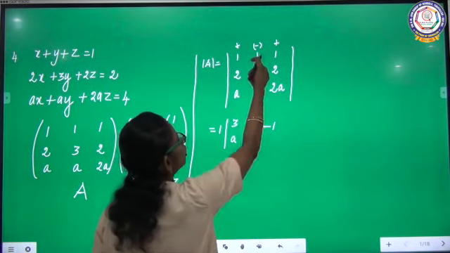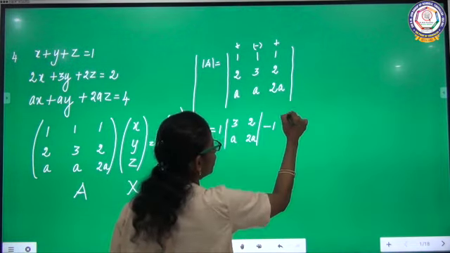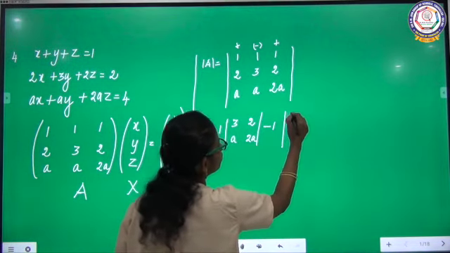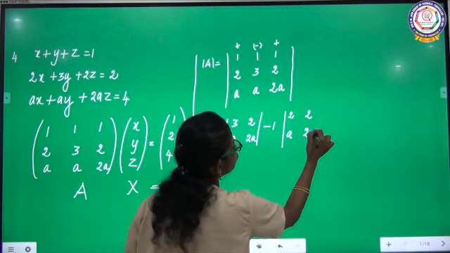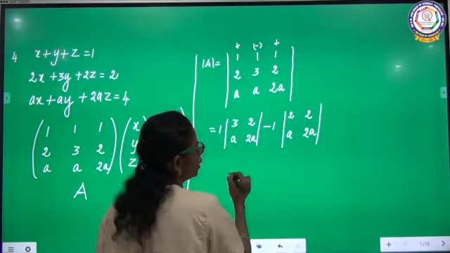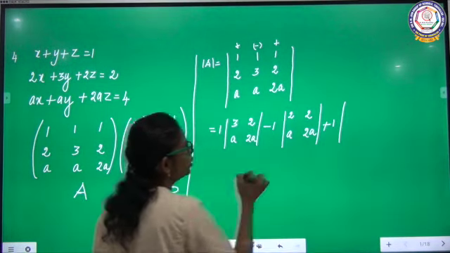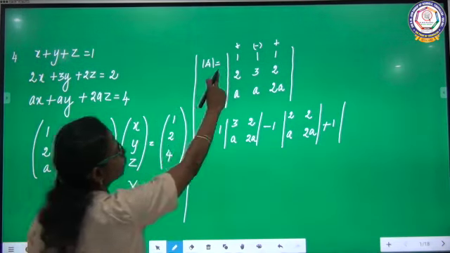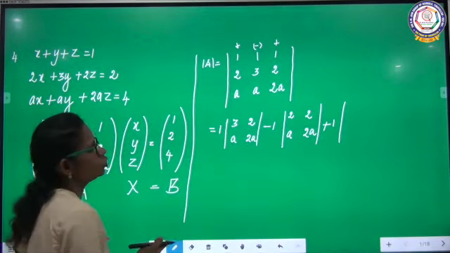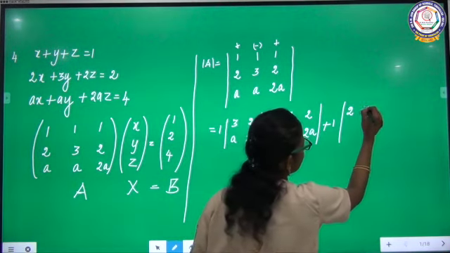Minus 1 into, selecting this, that particular column and row should be deleted, the rest of the entries are 2, 2, A, 2A. Plus 1 into the determinant: you are selecting the third entry, so the first row and third column should be deleted. The rest is 2, 3, A, A.